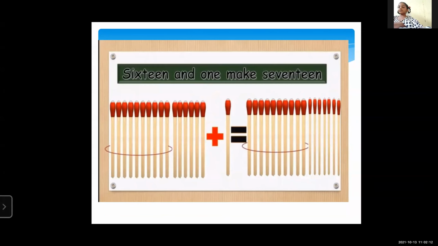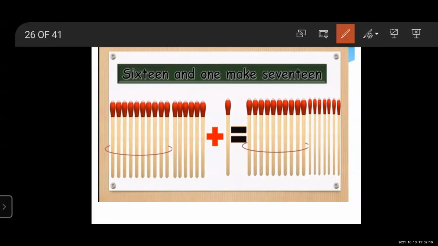17. Yes, 16 and 1 makes 17. When we add 1 to 16, we get the answer 17. Okay, see, there is 1 bundle, there are 6 matchsticks and plus.